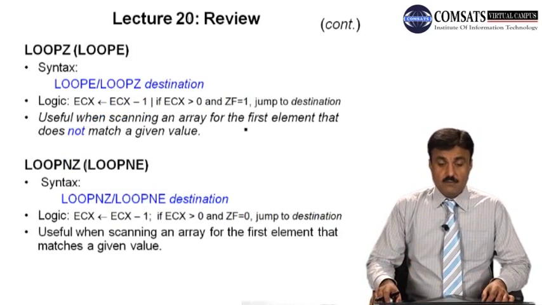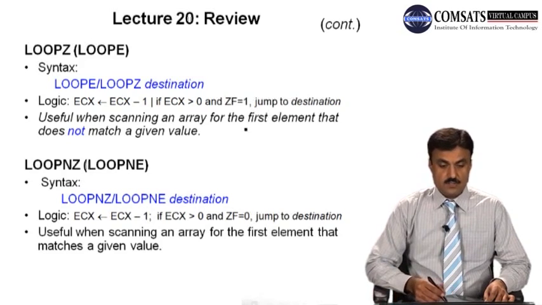Then we will quickly look over all the other instructions such as LOOPE or LOOPZ. These are the conditional loop instructions based on equality and the zero flag. The syntax of these two instructions is the LOOPE or LOOPZ keyword, and then the destination label where we want to transfer control.